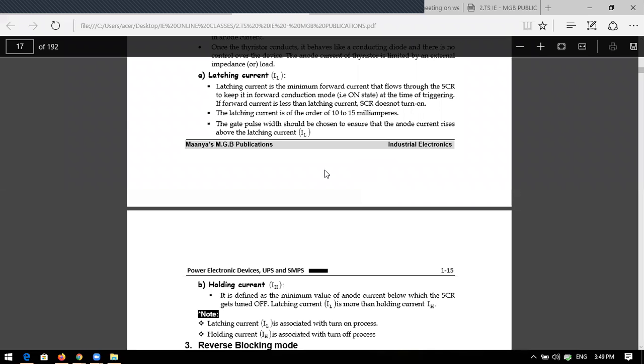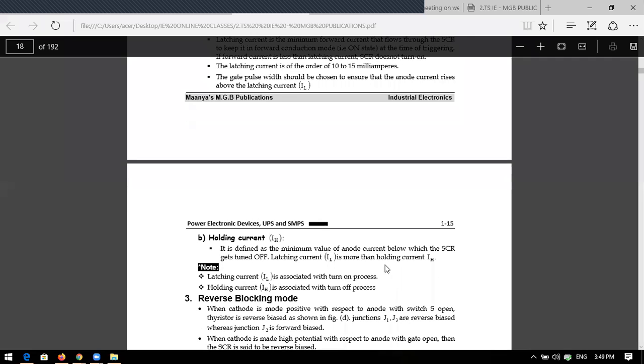Holding current is defined as the minimum value of anode current below which the SCR gets turned off. Very important. So what is the latching current? It is the minimum current above which the SCR is turned on. Holding current is the minimum anode current below which the SCR gets turned off.